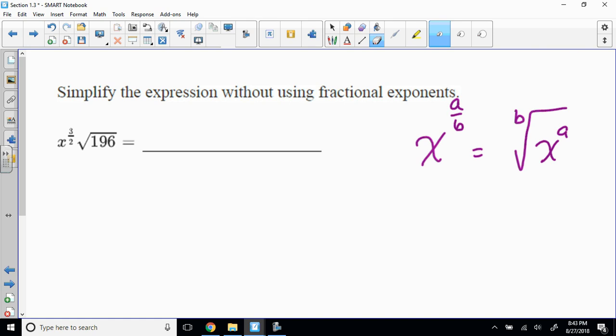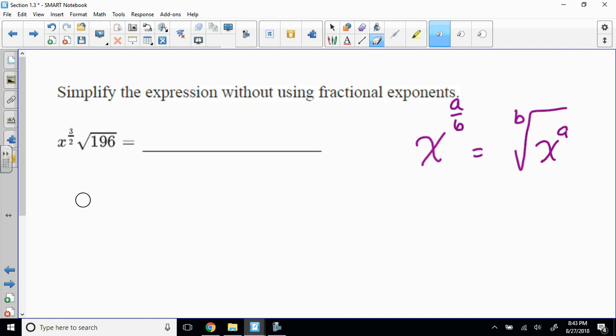Square root of x squared is just x because it's really 2 over 2, and 2 over 2 makes a 1. The bottom number is the root of the radical, and the top number, the numerator, is the power.